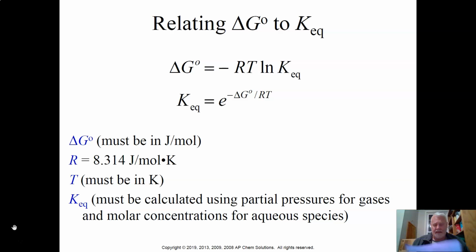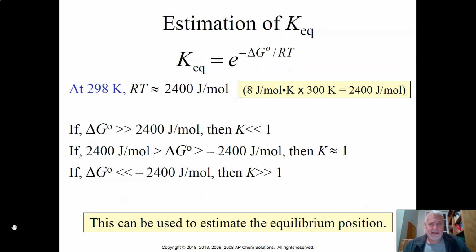Not surprisingly, it's in the thermodynamics area, and then electrochemistry, which is coming up at the end of this unit, and then you will have used every equation on both pages of the formulas. So we'll be ready to roll. But this does relate delta G to KEQ.